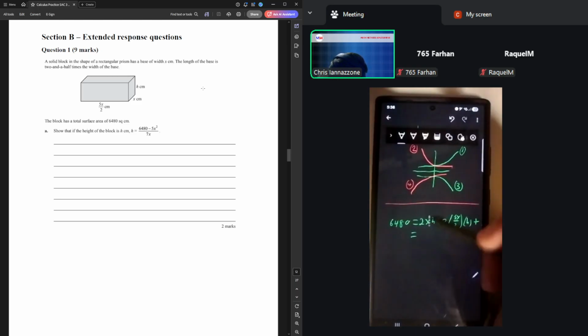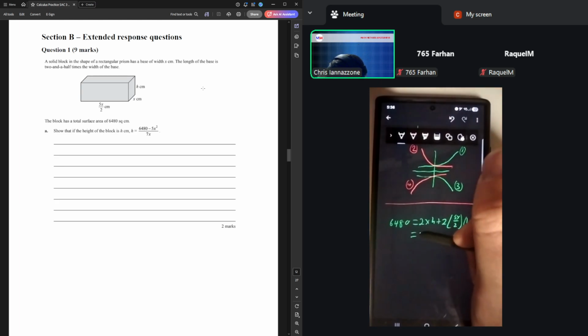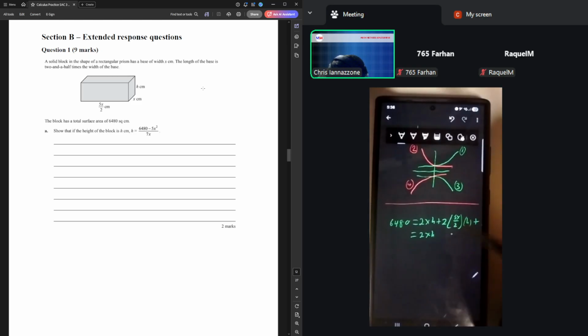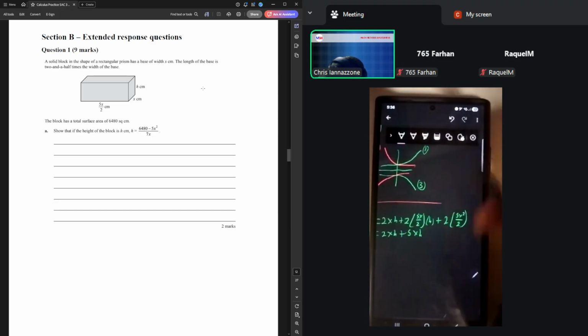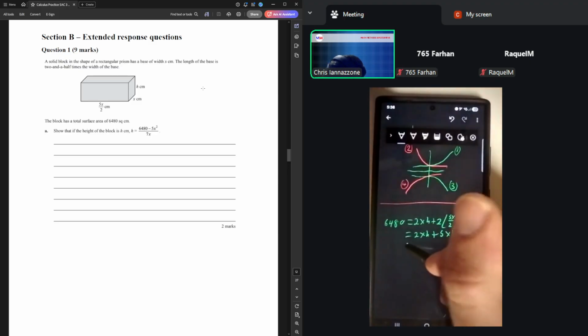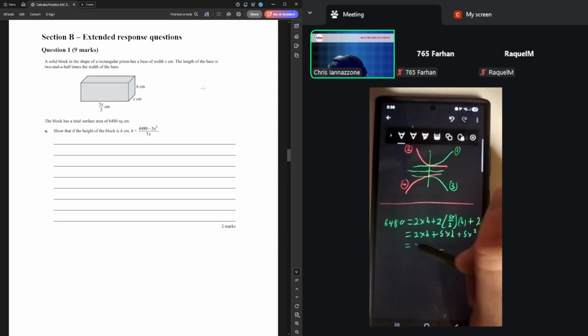Simplifying further, we could take a common factor of 2 out, though I'm seeing that everything looks joined as is. So let's just do some simplifying instead. It's going to get us 5xh and then 5x squared. From there, 2xh and 5xh for the total of 7xh.